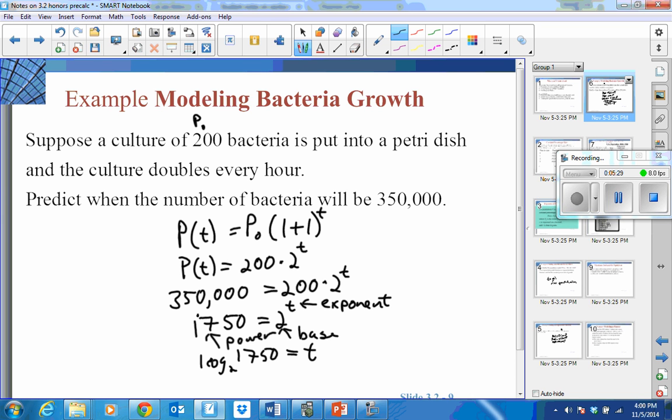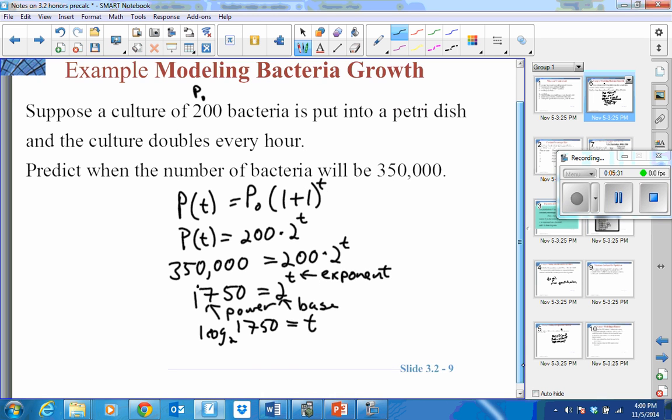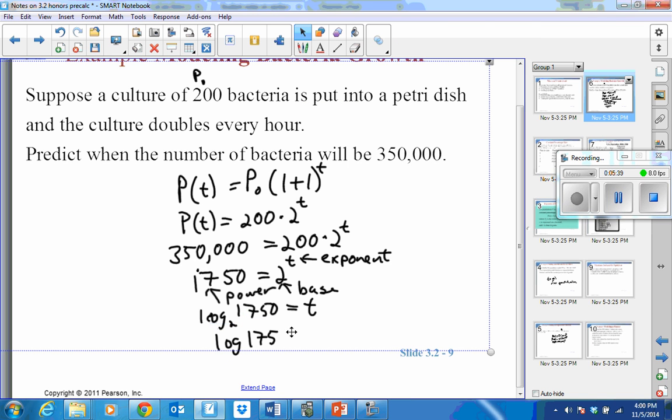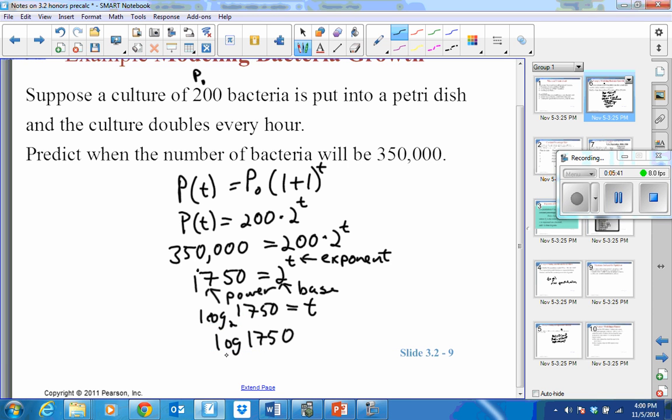So in order to figure out what t equals, in your calculator you put in log 1750 divided by log of 2, and that's going to give us how much time that's going to take.